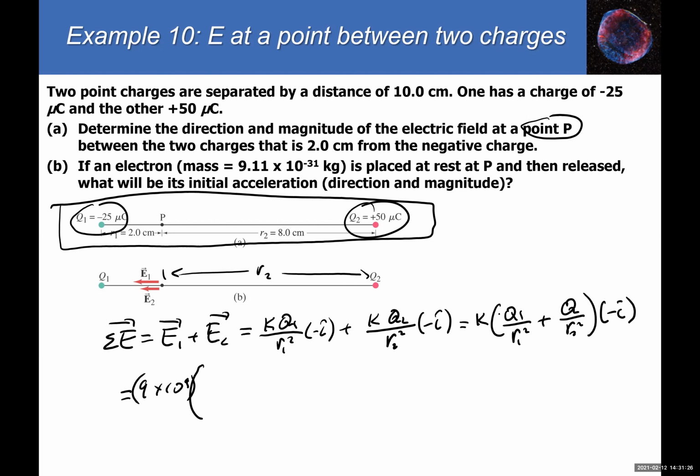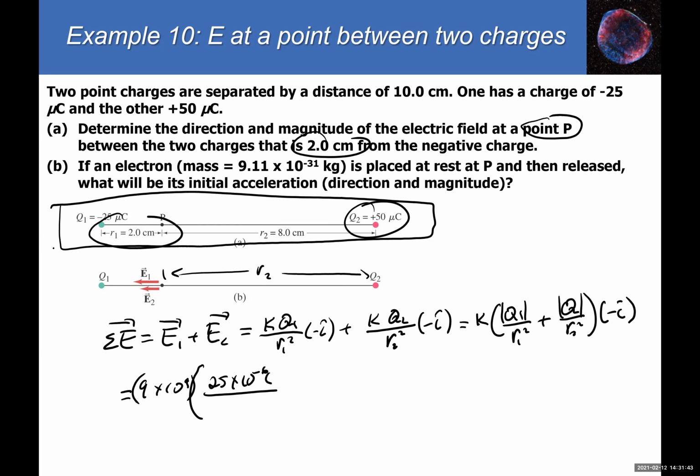Then q1. Remember for electric field, using this equation, we're finding magnitude, so it has to be again absolute value. So 25 times 10 to the negative 6 coulomb divided by the distance r1. r1 here is, remember, 2 centimeters from the negative.